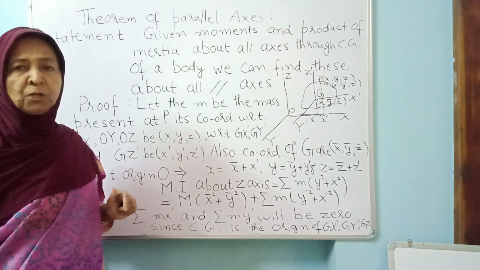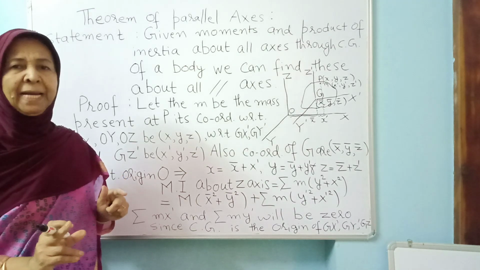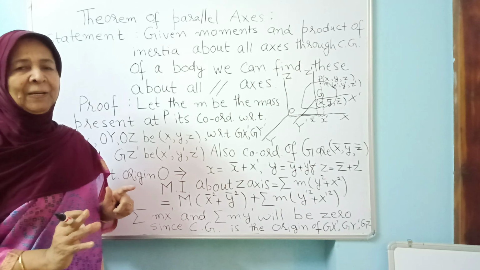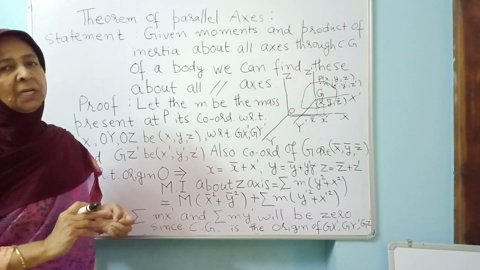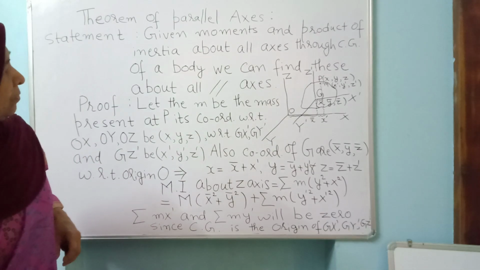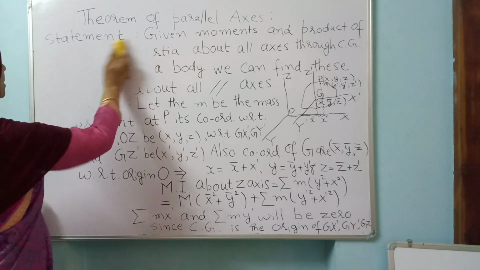What is the formula for CG? It is summation m x dash divided by summation m, so it will become 0. That is why the rest of the terms will be 0. So we found the result.